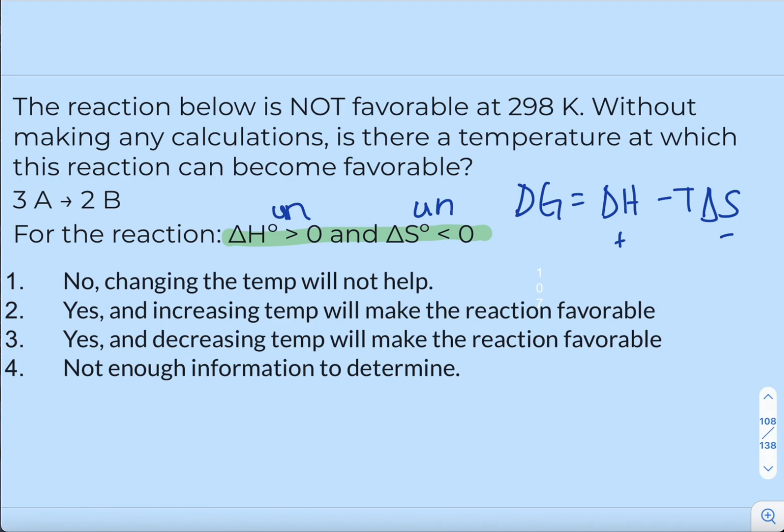There is no way to make this come out to a negative delta G. No possible way. Because changing the temp will do nothing if they're both unfavorable. On the flip side, if they're both favorable, then there's no way to get it to be unfavorable. The temperature really doesn't matter there either. So if they're both unfavorable, there's no chance we can fix that problem by changing the temperature.